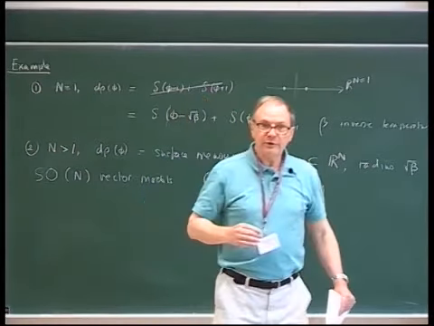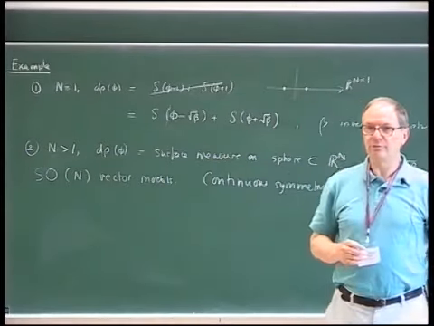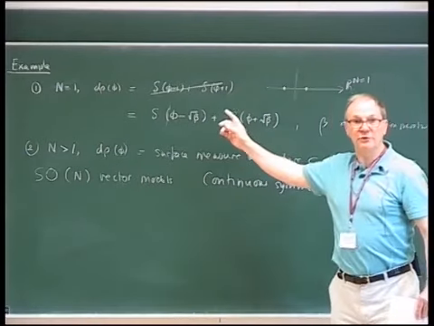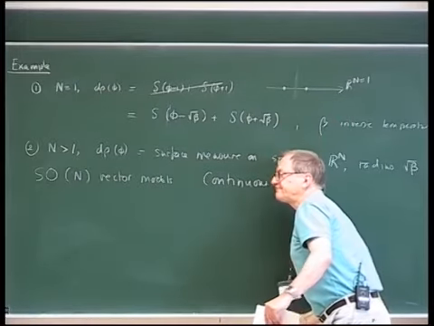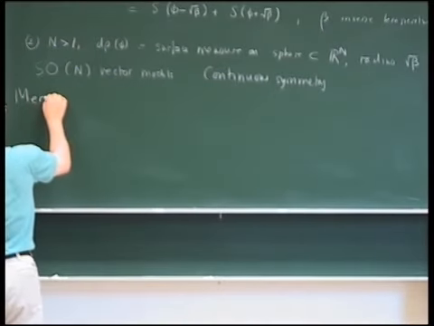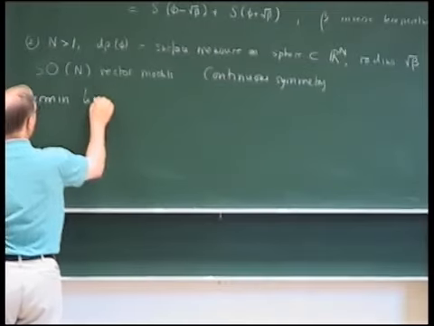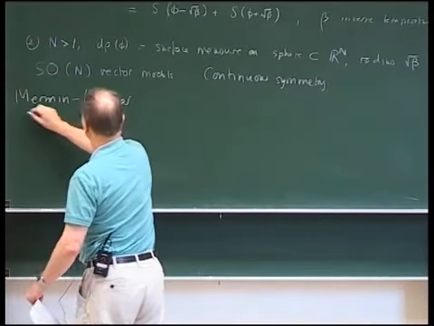And in fact, there is a theorem called the Mermin-Wagner theorem that says that continuous symmetries are not broken by these models in two dimensions. I'm going to be talking about 3 or more today. Mermin-Wagner. It's a very simple theorem to prove, by the way.